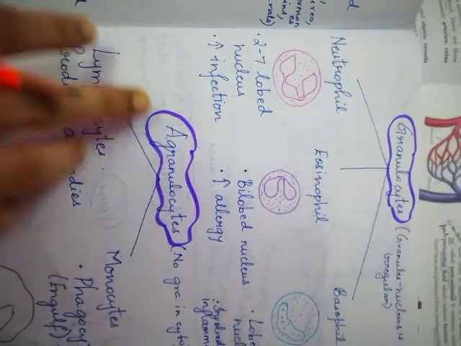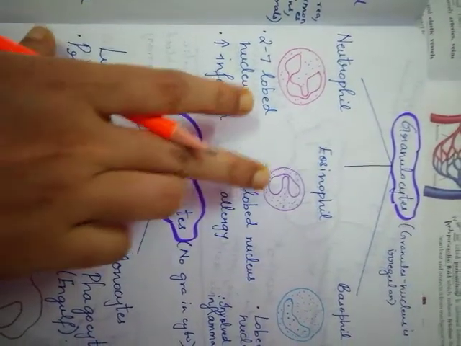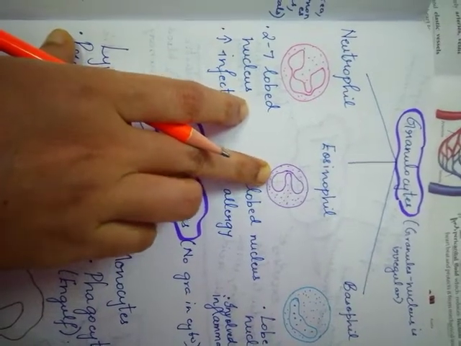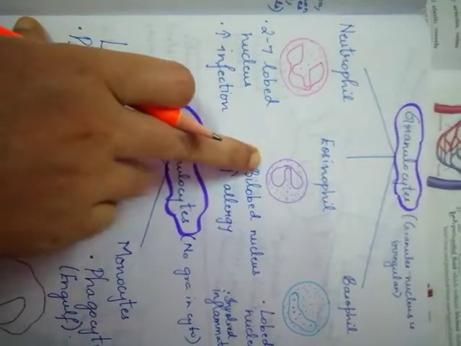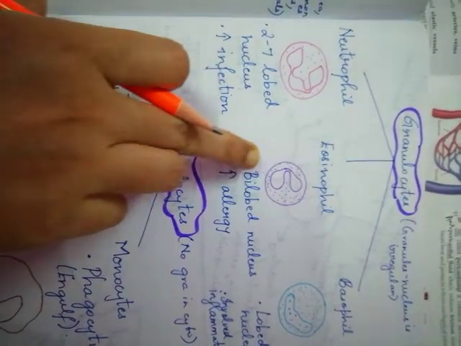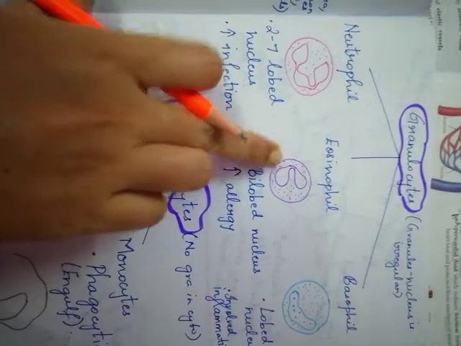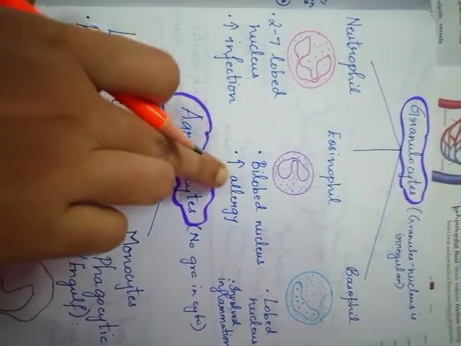Okay. And eosinophil. Eosinophil has a bilobed nucleus. Look here, this nucleus has 2 lobes, 1 and 2. So they are bilobed. We all know what is bi. Bi means 2. So eosinophil is having a bilobed nucleus. And they increase in our body when you have certain allergy.